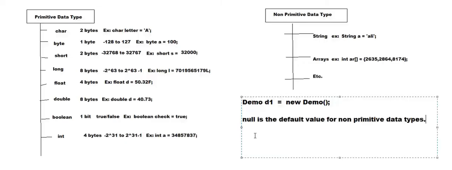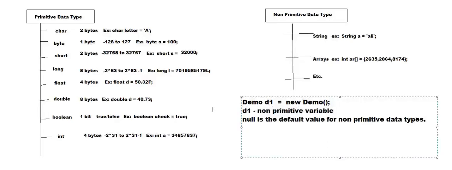For example, we can give d1 equals null here because d1 is a non-primitive variable.